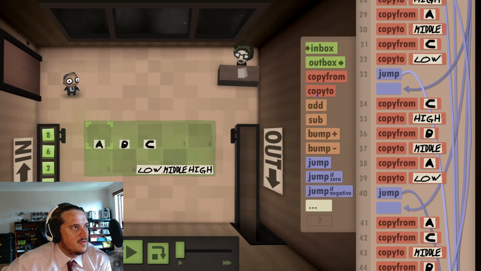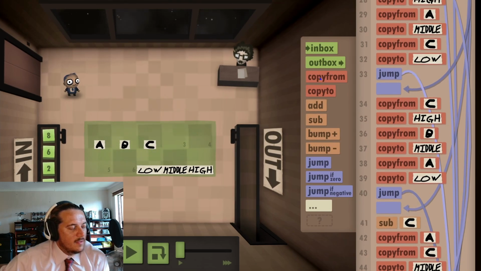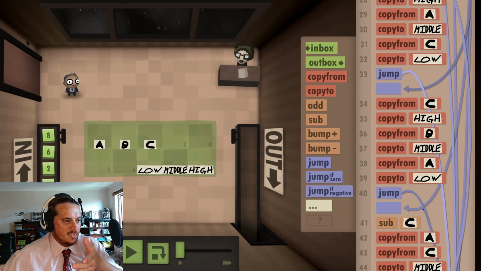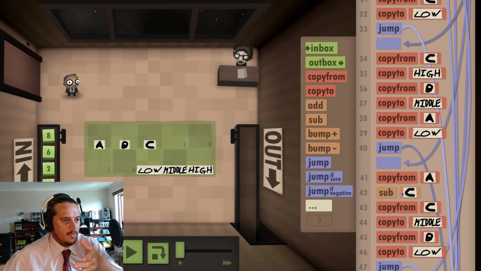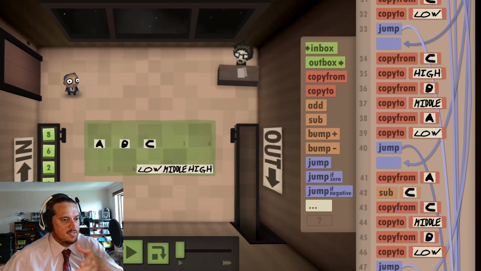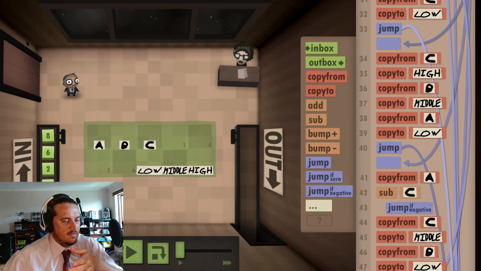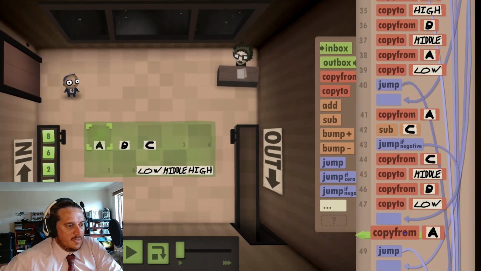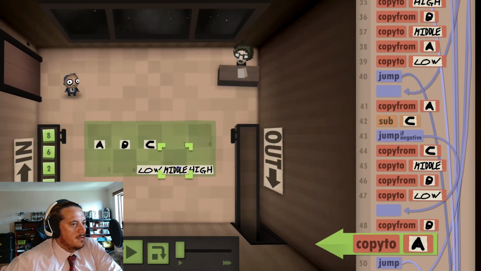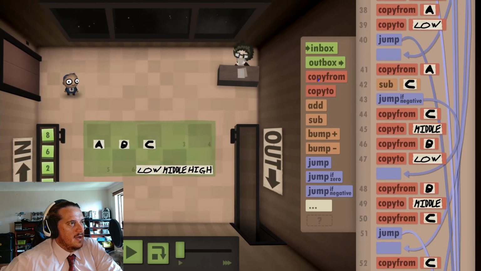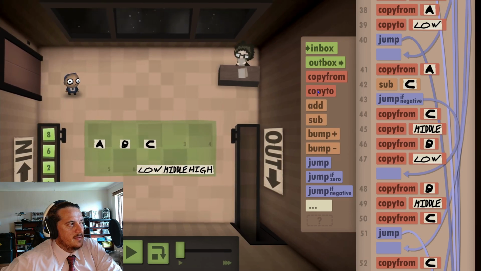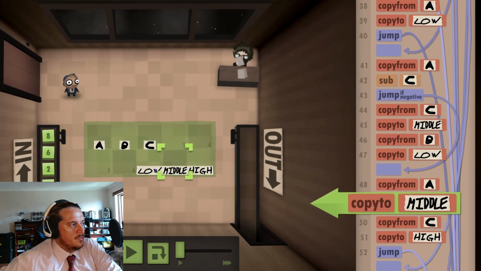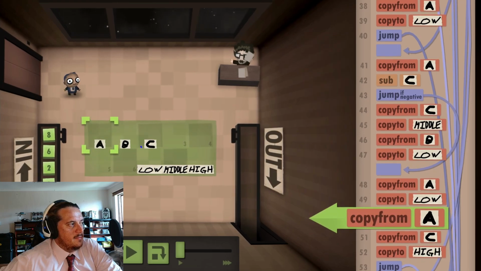That's where it goes wrong, because I'm not doing a check. So then I need to copy from A into minus C. And if it's positive, then A remains more than C. And it must go A, C, D. If it's negative, then it must go E must be middle, and C must be high, A must be low, and B must be middle.